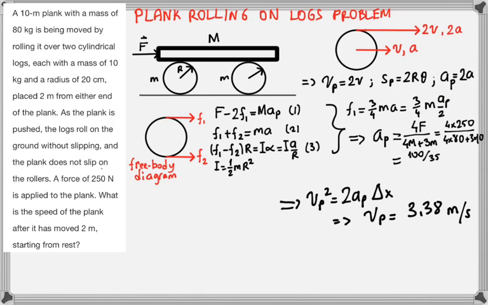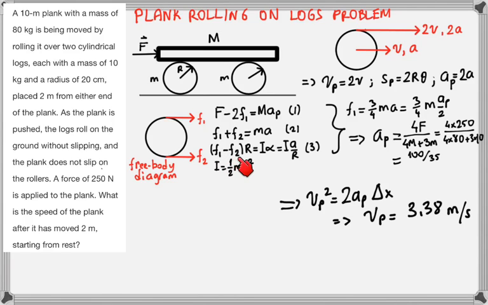We are not done yet, because we also have the rolling motion, and this rolling motion needs a torque equation. Whenever you have rolling without slipping, you have to find a torque equation, and this is the rotational counterpart of Newton's second law.